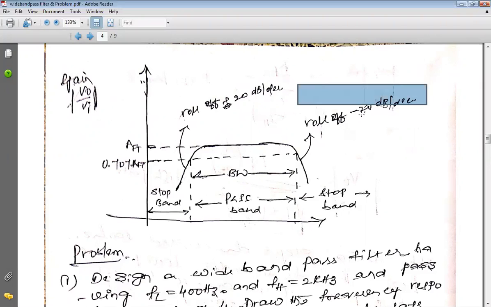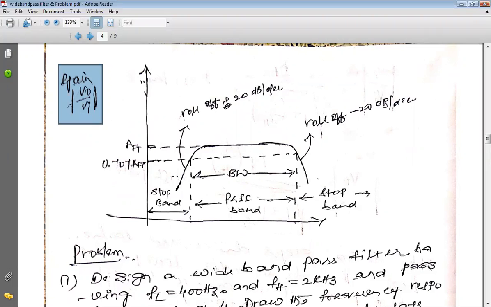The roll off rate is minus 20 decibels per decade, and this is achieved by connecting the high pass filter cascaded with the low pass filter sections.